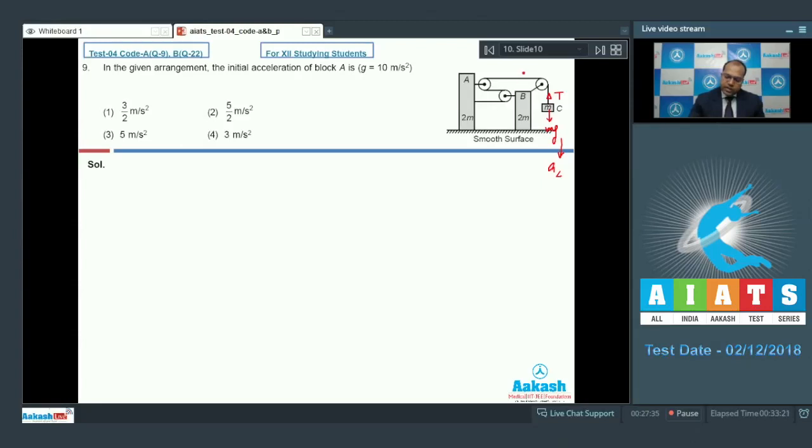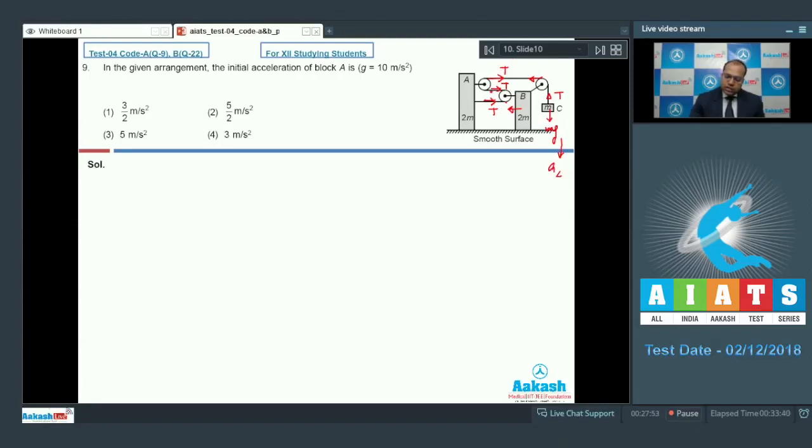So if I see the tension acting on this block A and B, then tension T is acting in this direction, tension T is acting in this direction, and tension T is acting in this direction. Similarly, tension T is acting in this direction, and on this block B, this T and T, that is 2T, is acting in this direction.